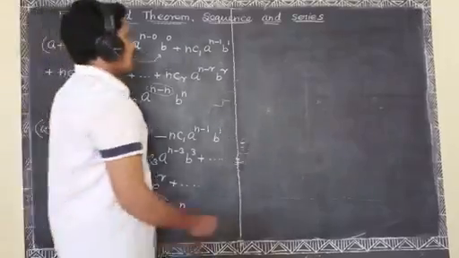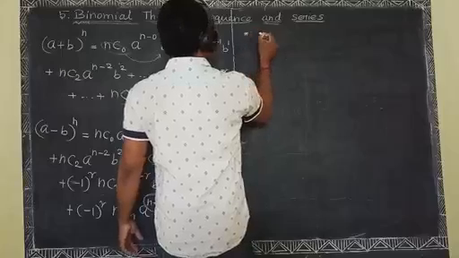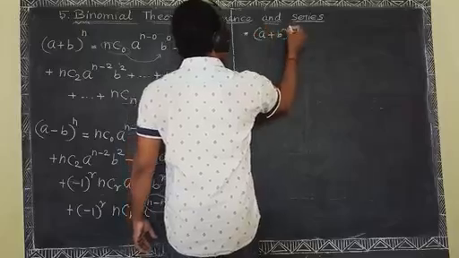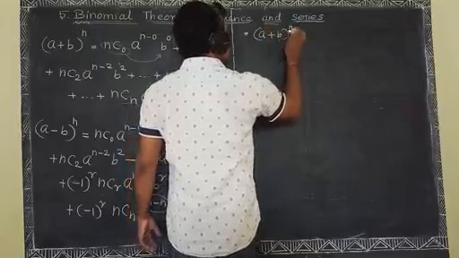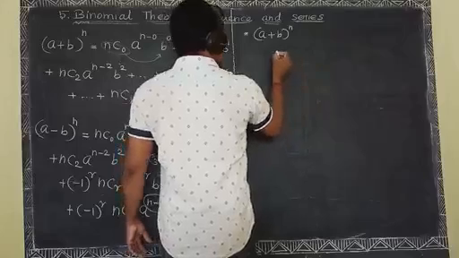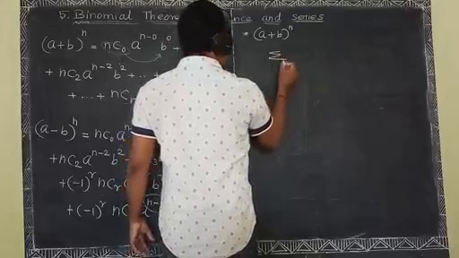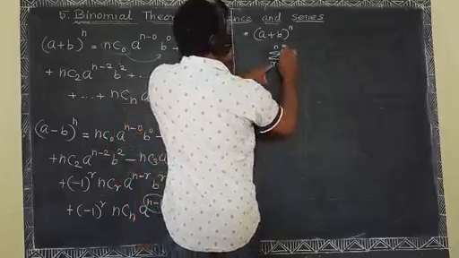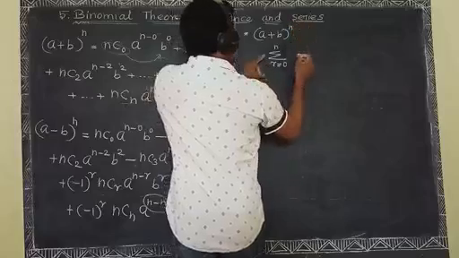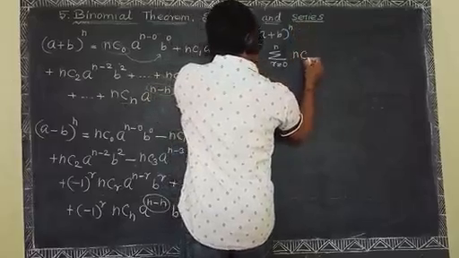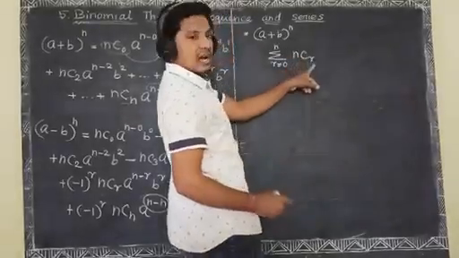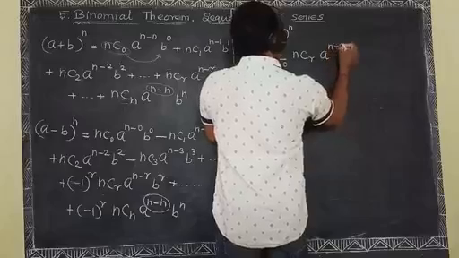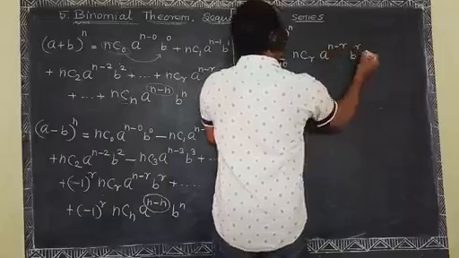Then the properties. Number 1: (a plus b)^n. The expansion is summation r equal to 0 to n, nCr a^(n-r) b^r.